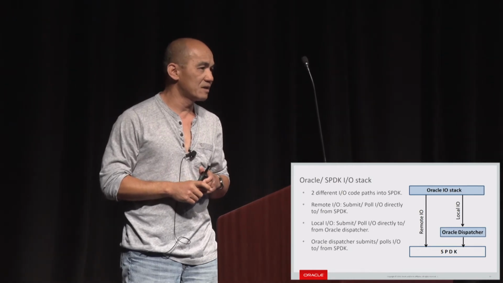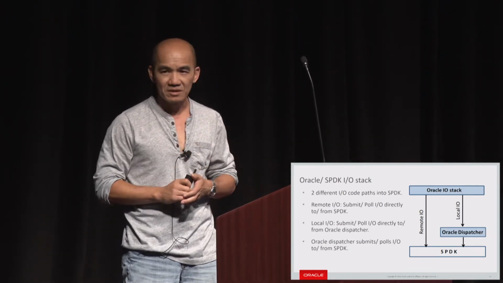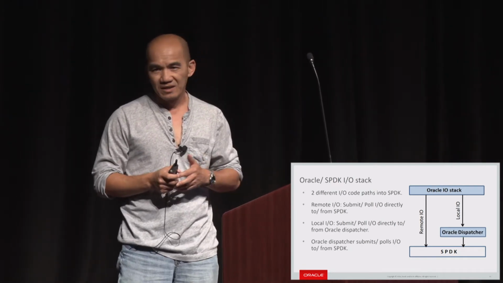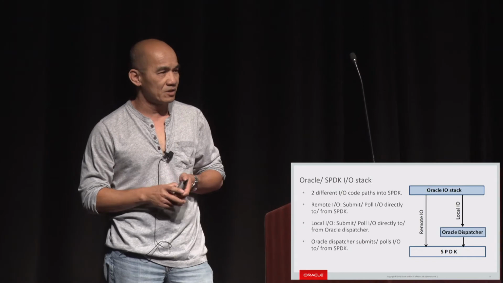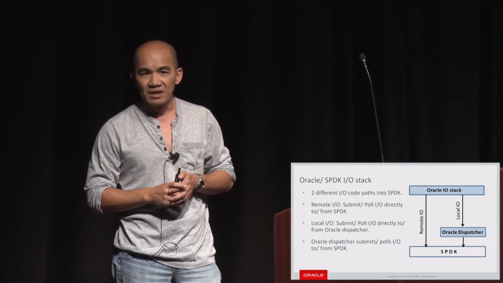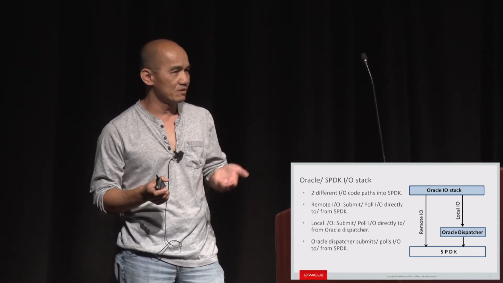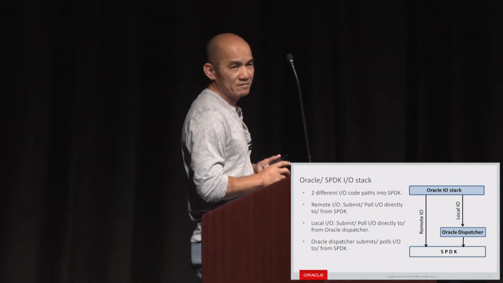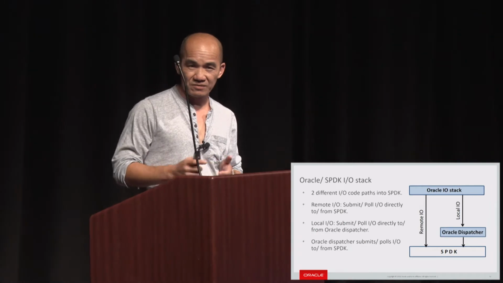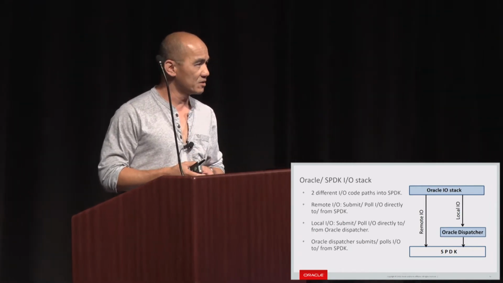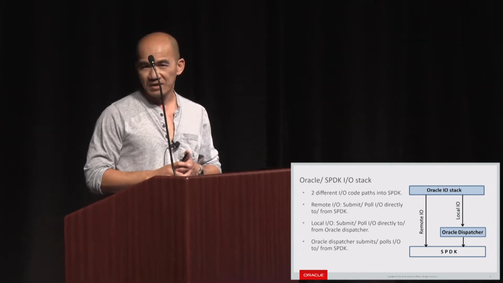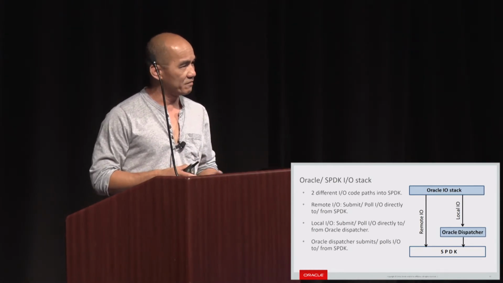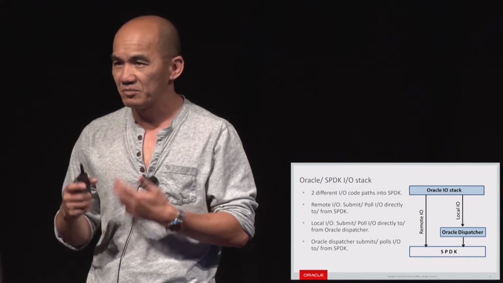We later found out that, depending on whether the controller is local or remote, SPDK will allocate either a physical IOQ or a virtual one. For virtual IOQ, the number is pretty high, so we don't have to deal with it. But for local, for physical IOQ, we know that the NVMe device usually comes with a limited number of queues. And if every process has to allocate a physical IOQ, it's going to limit our scalability.